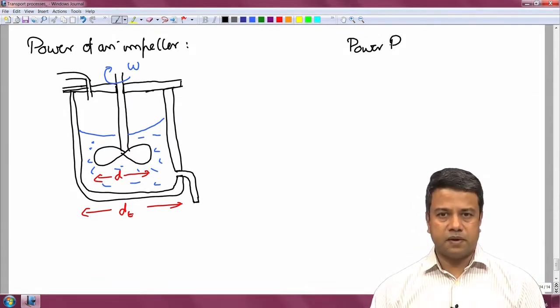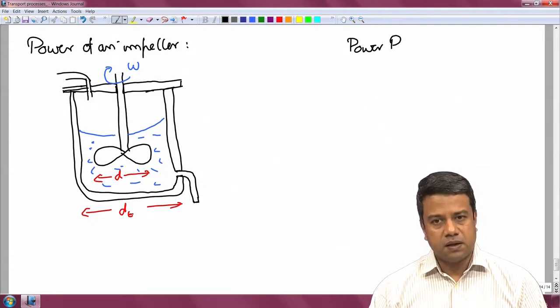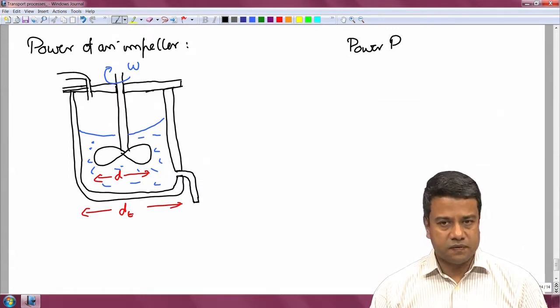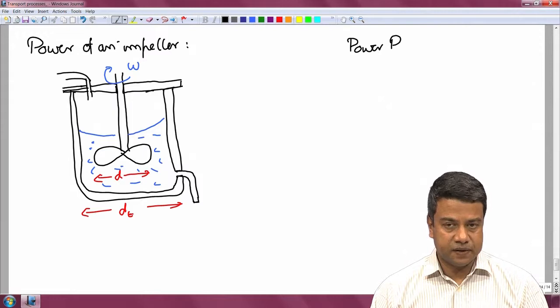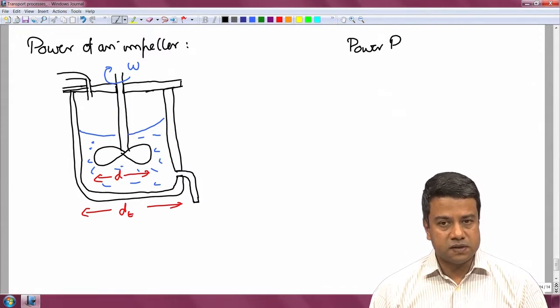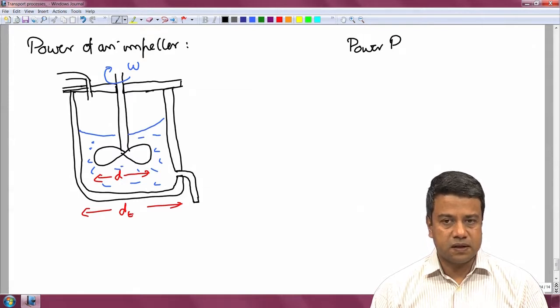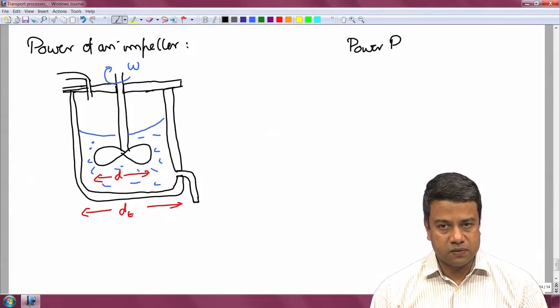The dependent variable is the power P, and it has dimensions of rate of change of energy. If you recall, energy is force into distance, force is mass into acceleration. So, therefore, energy has dimensions of mass length square t to the minus 2.